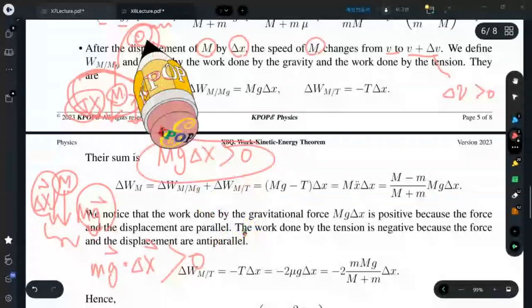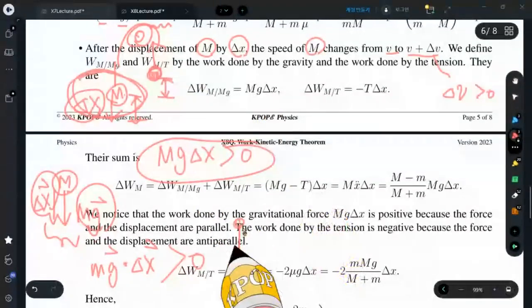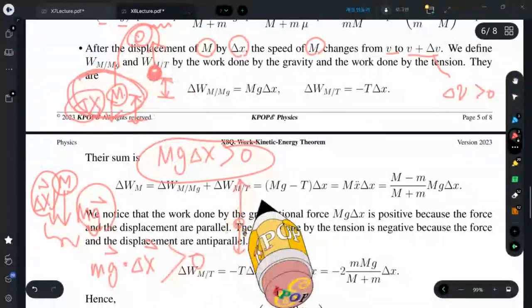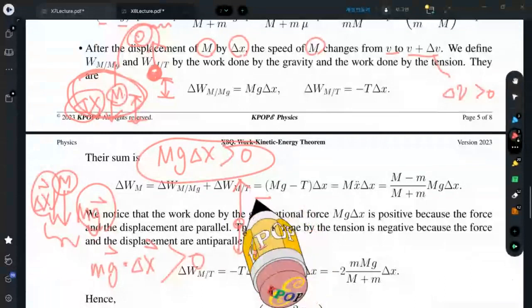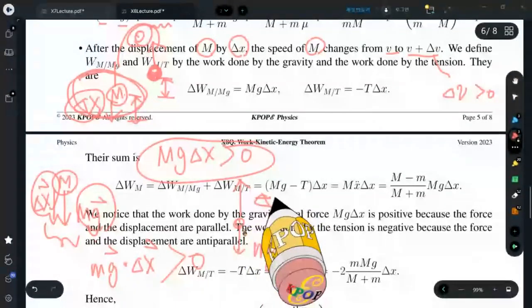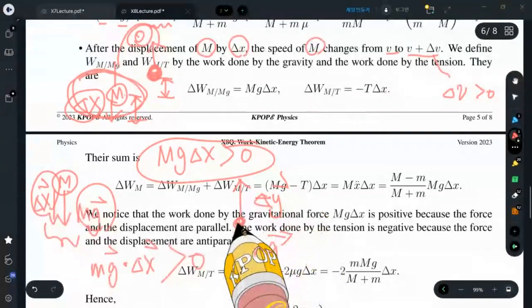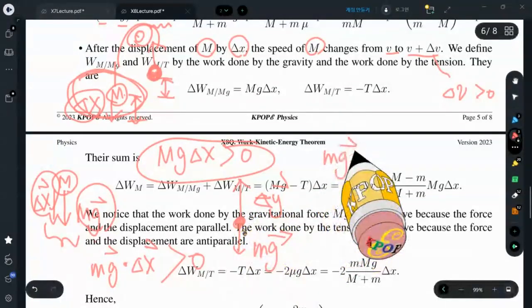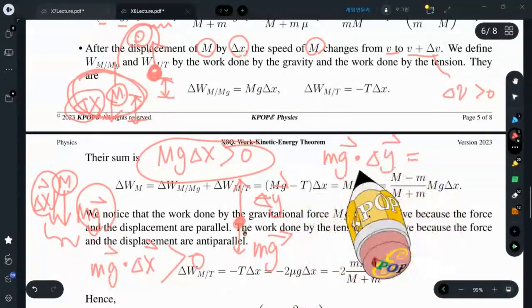By the way, small m climbs up. The gravitational force, small mg, is going down, but small m is climbing up, so the displacement delta y is upward and opposite to the force.